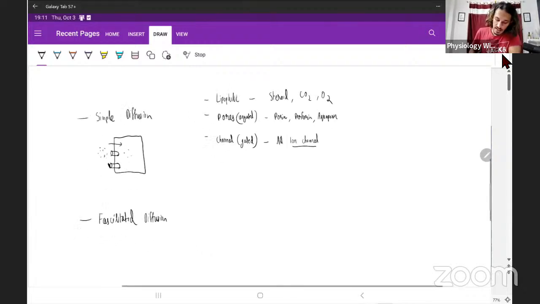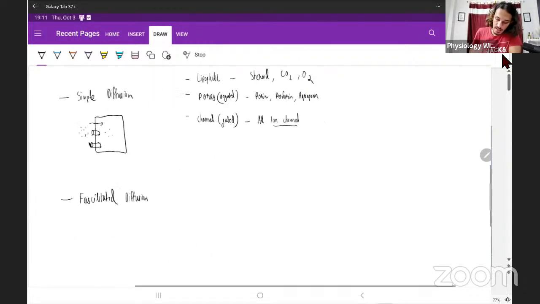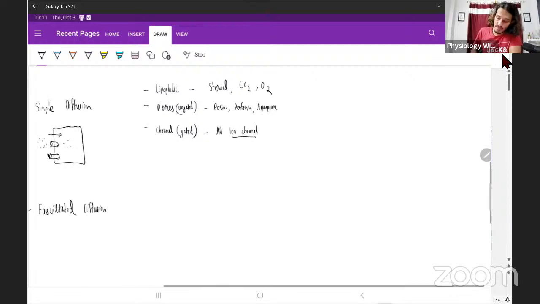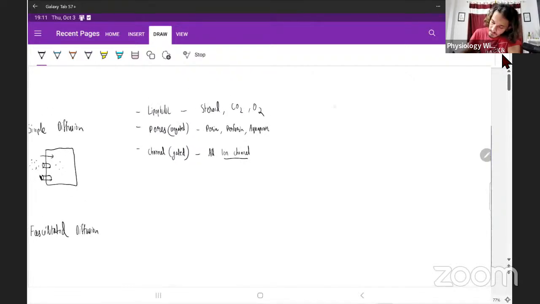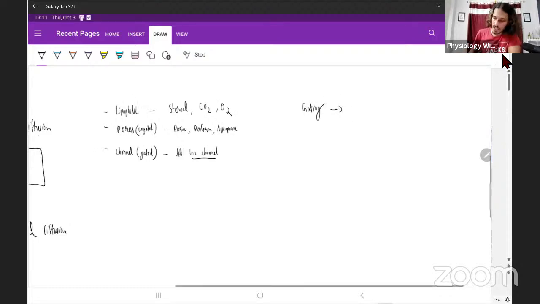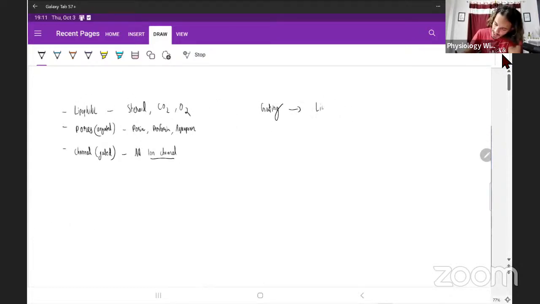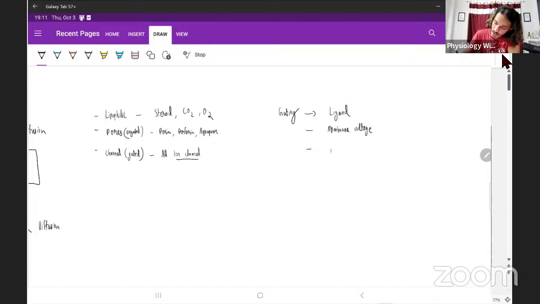This gating system can be opened up by a ligand, so they can be ligand gated, or by membrane voltage, or some sort of phosphorylation.